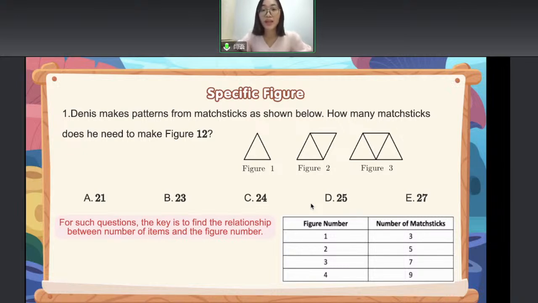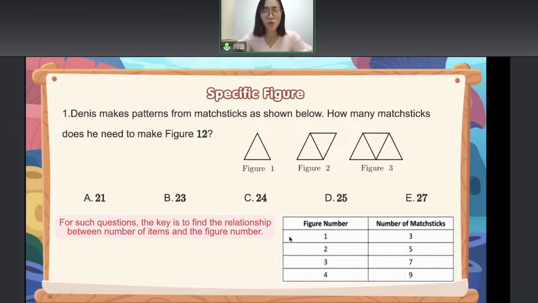So for example, in figure 1, how many matchsticks do we need? We need 3. So you just write down, okay, figure number 1, number of matchsticks 3. And the next one, what about figure number 2? In figure 2, you can just count. Okay, we have 1, 2, 3, 4, 5 matchsticks. So here we write down 5. And then move on. For figure 3, we need 7. For figure 4, we need 9, right?